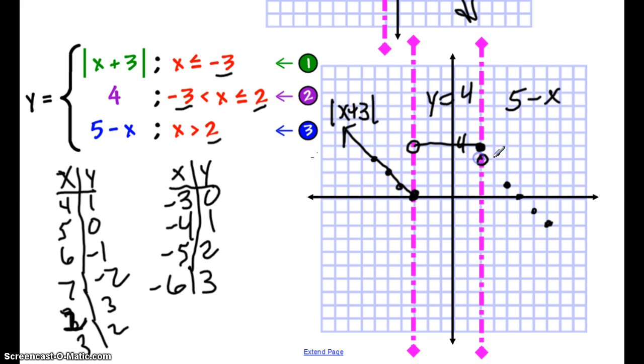That's going to be an open circle. And then we're going to go to 3, 2, excuse me. And there is our last and remaining function for this piecewise function. A lot of information. We're going to be practicing these all day tomorrow, and I see you in the classroom.